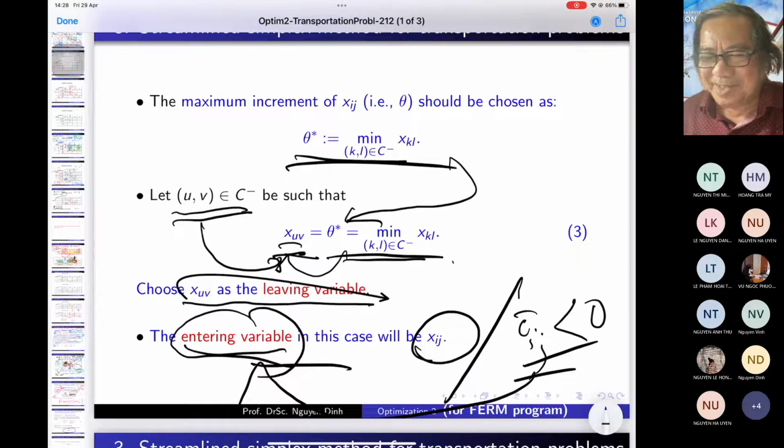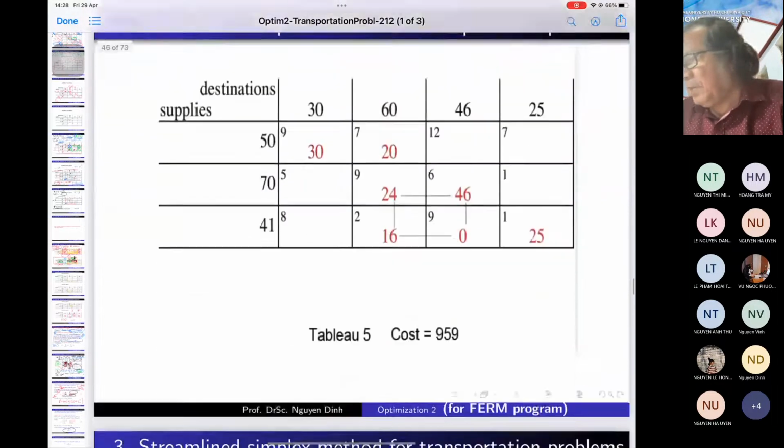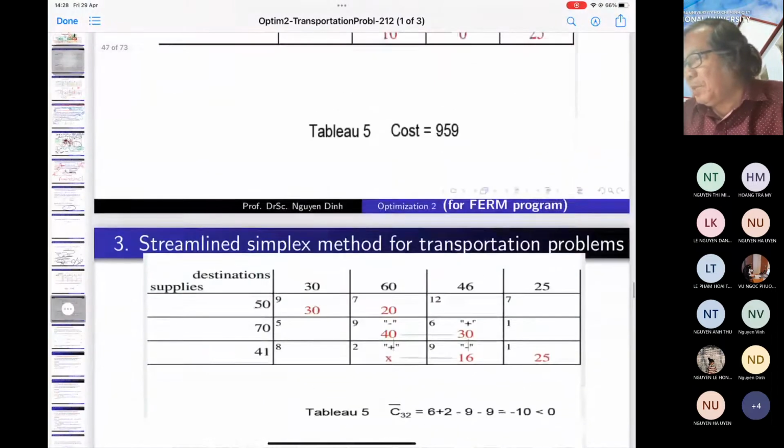That's very easy. It's almost the same as the network flow problem. Is that okay? Network simplex method. This step is almost the same: find the leaving variable, find the entering variable, something like this.